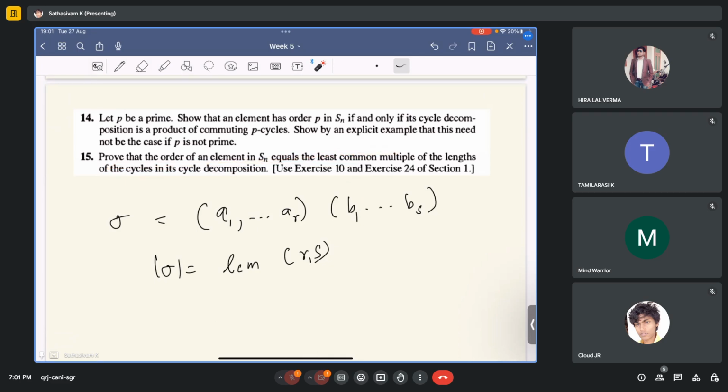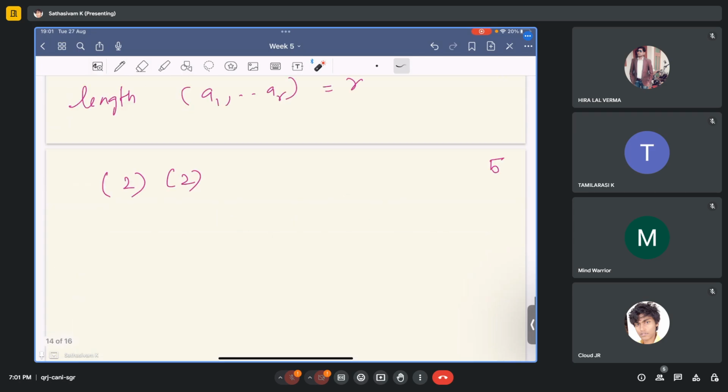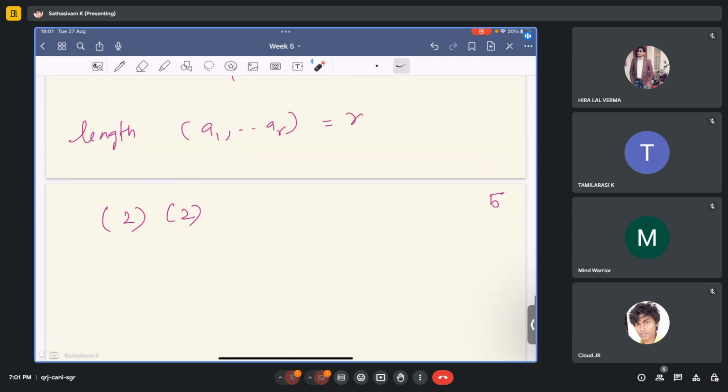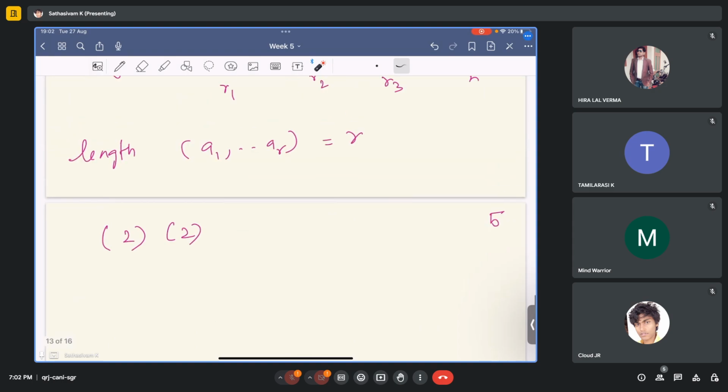So assuming the statement, let's work out the possible lengths. We can put another 2 cycle, but then the LCM will not change, so we look at things where the LCM actually changes. You can put a 3 cycle here.